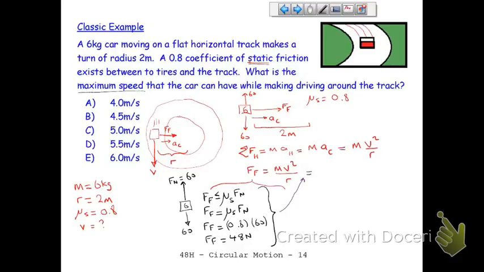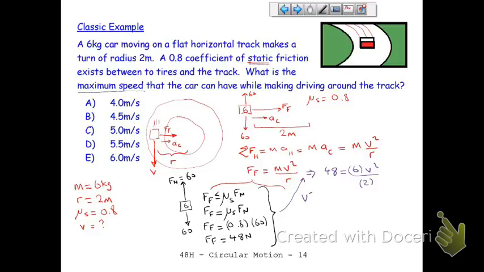this gives me that 48 is equal to mass was 6, v squared over r, and my r was 2.